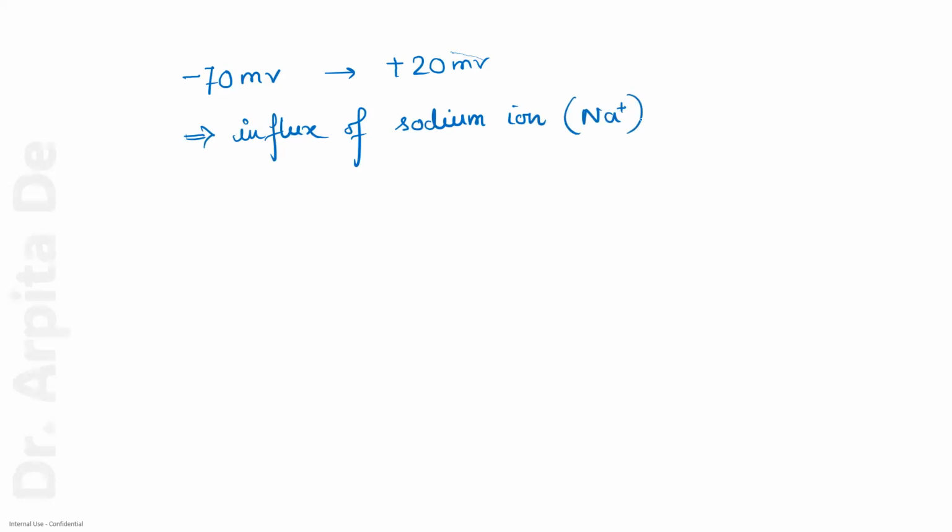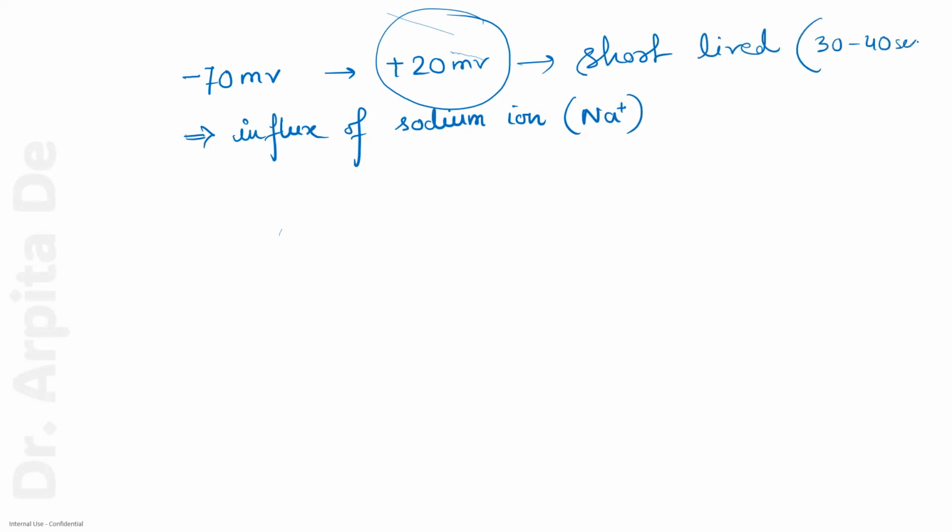Now, as the membrane becomes positively charged, sperm can no longer bind to it. I told you negative membrane potential is necessary for fertilization. This is short-lived, and very soon the membrane potential reverts back to negative. This changed membrane potential is short-lived, maybe for 30 to 40 seconds.